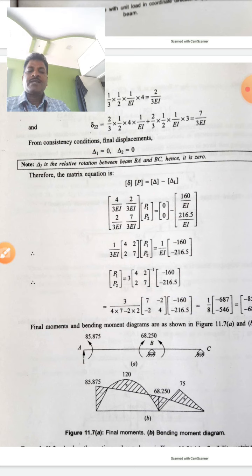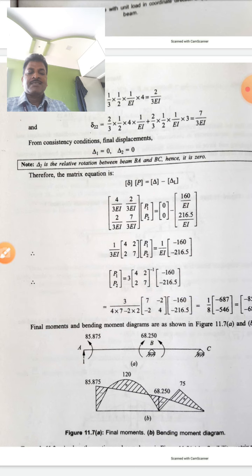We need to calculate P1 and P2, moving terms to the left and right side to simplify, so that it equals 3 into the inverse of the matrix 4 2 2 7, times minus 160 and minus 216.5.